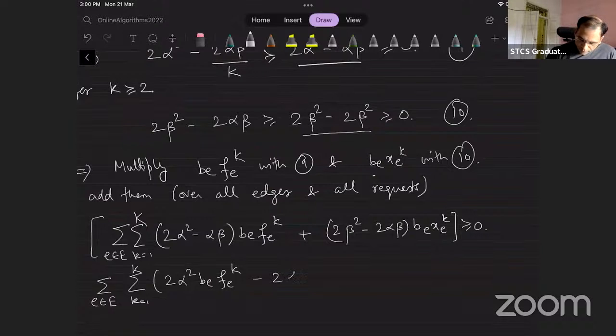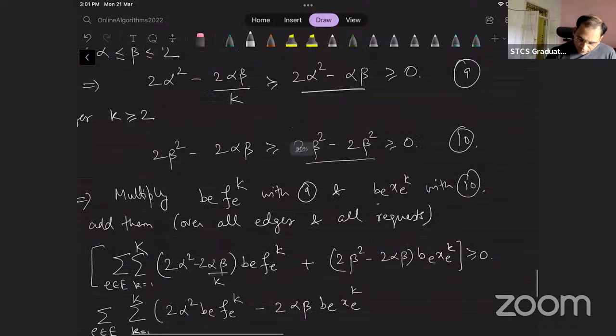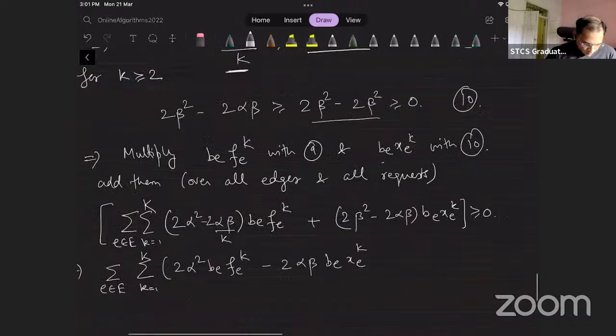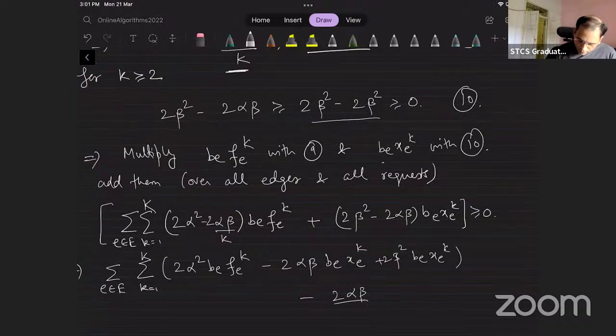So minus 2 alpha beta b_e x_e^k. Sorry, I told you to keep me honest. I already made a mistake. See, look, this is 2 alpha beta by k plus 2 beta square b_e x_e^k minus 2 alpha beta over k, summation.